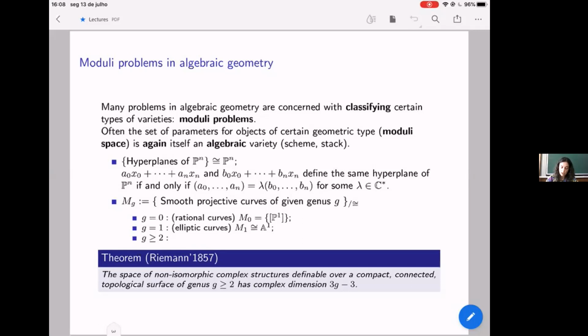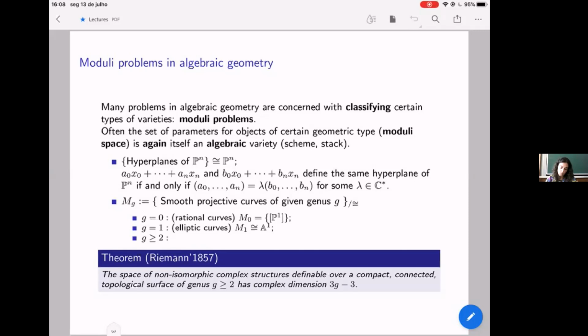A hyperplane is defined by a linear equation, given by the scalar coefficients of the variables, and two such linear equations define the same hyperplane if and only if the tuples of coefficients differ by a non-zero scalar.